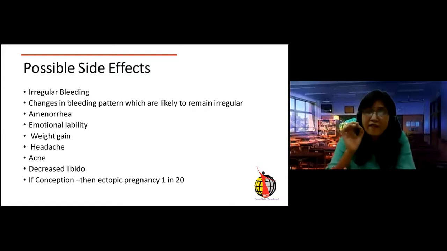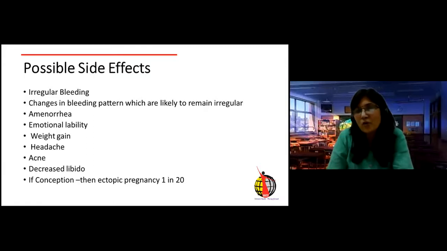And a very important thing to remember is that the efficacy is very high. So efficacy is as high as, very less failure rate, as low as 0.1%. That is 1 per 1,000. But if there is a pregnancy, then ectopic pregnancy is more common.